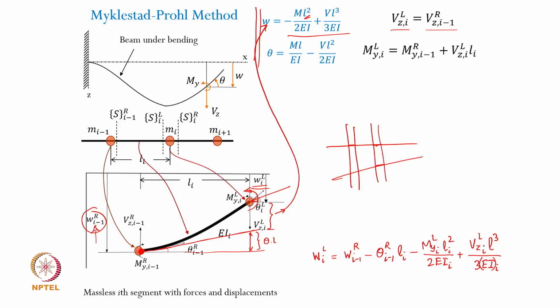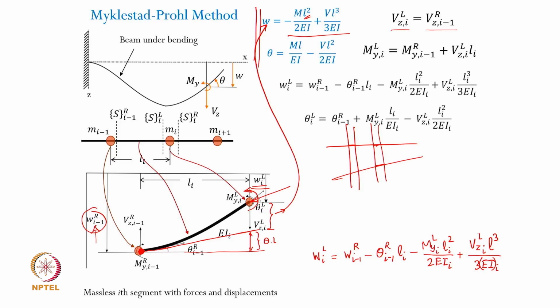Now what we are doing is this deflection will be reduced by the deflection due to moment, and then you will add to that the deflection because of the shear force. So this is how the value of the deflection is going to be written, and you can figure out that in the same way it can be written for the slope as well, okay.